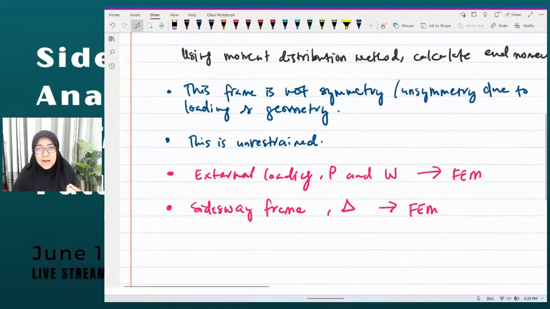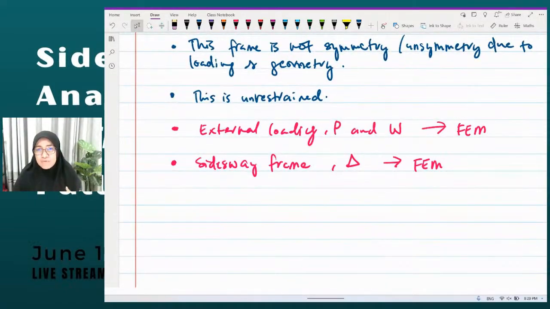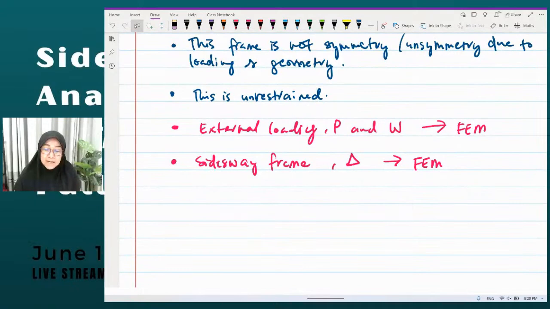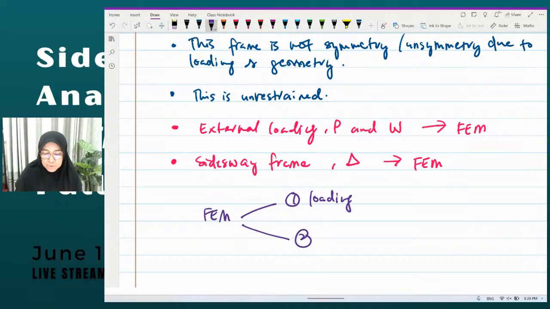And we have FEM which comes from delta. Please remember we calculate FEM because of two conditions: number one, due to loading; number two, due to delta.